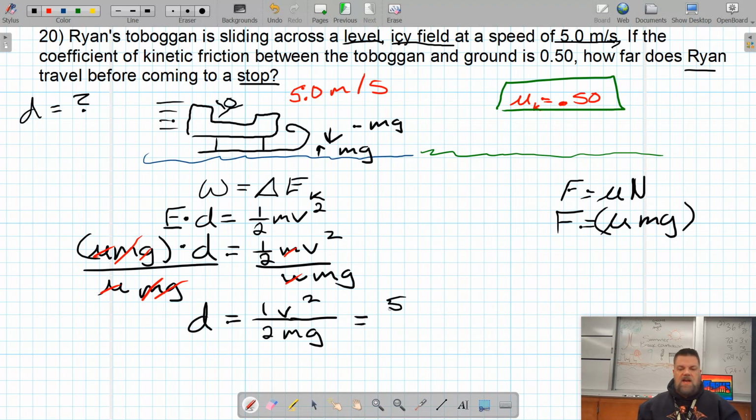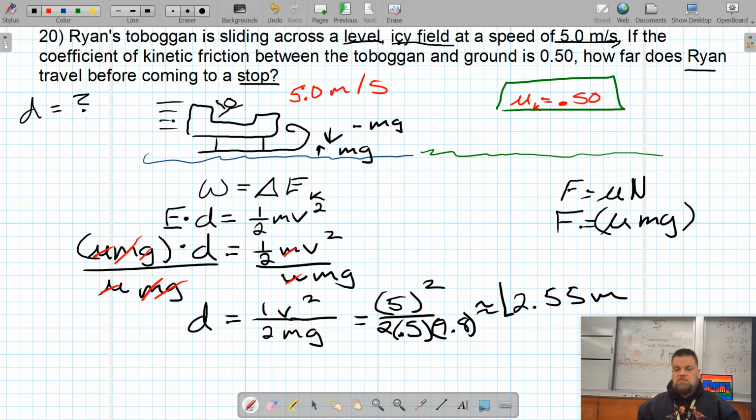We're going to say 5 meters per second squared all over 2 times the coefficient of friction, and then times 9.8. And that's approximately 2.55 meters. Does that make sense? Okay. Cool, cool, cool, cool, cool.